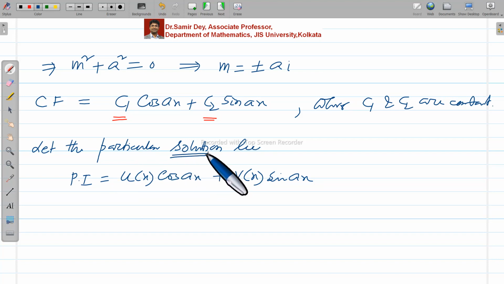Here I have considered it as a solution, so you may consider this PS also, or, as you are already familiar with PI, the particular integral. Here it is PS, or you may write PI, no problem.